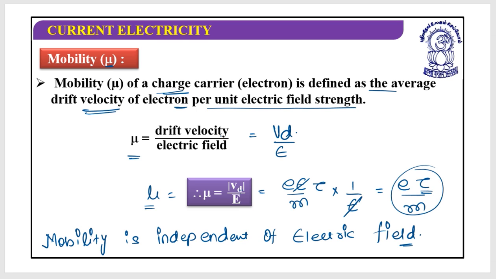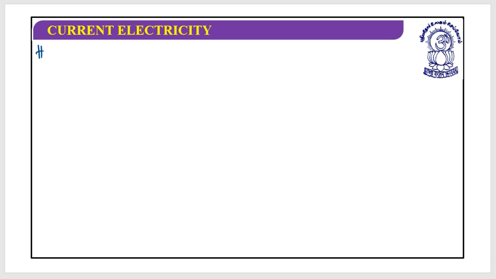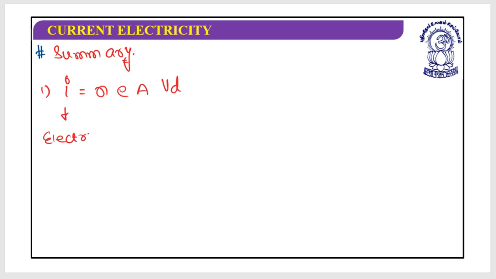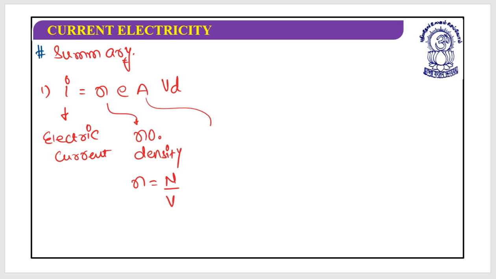So let me just summarize this. The first formula is I is equal to n e A Vd. This I would be the electric current. This n is the number density; the small n is equal to capital N divided by volume.